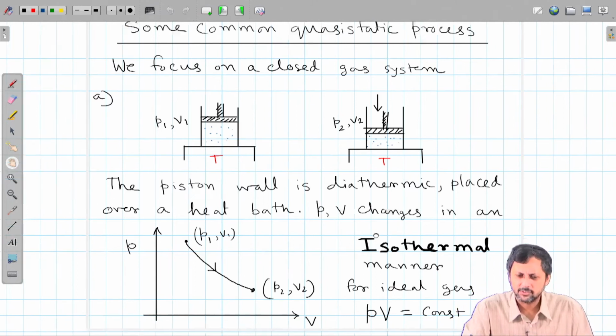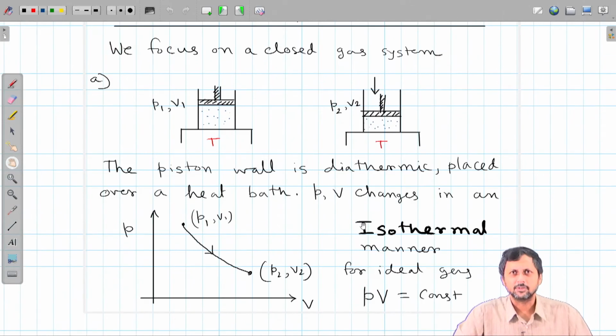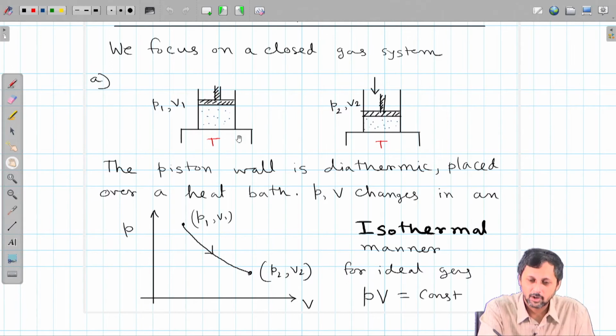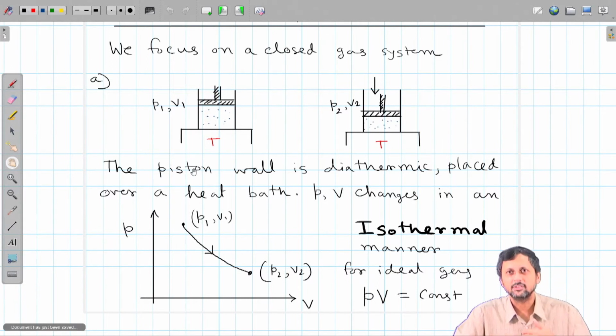The first process is, let us say this cylinder piston arrangement, we place it on a heat bath, and then we slowly compress it. When we slowly compress, keeping it on a heat bath, and let us assume the wall of this cylinder is diathermic, so that heat energy can be exchanged.